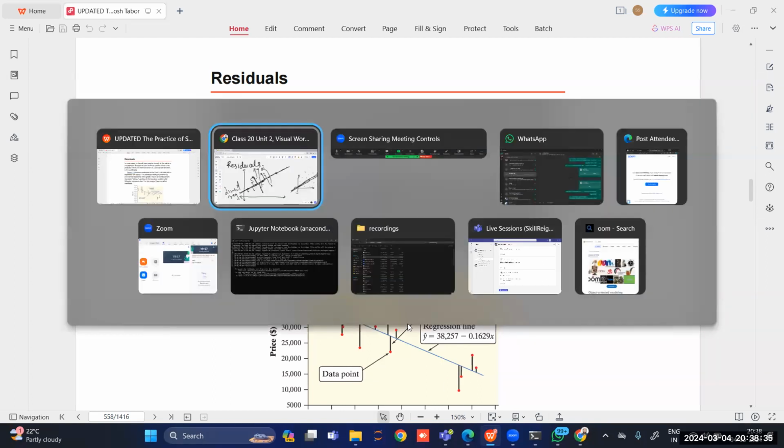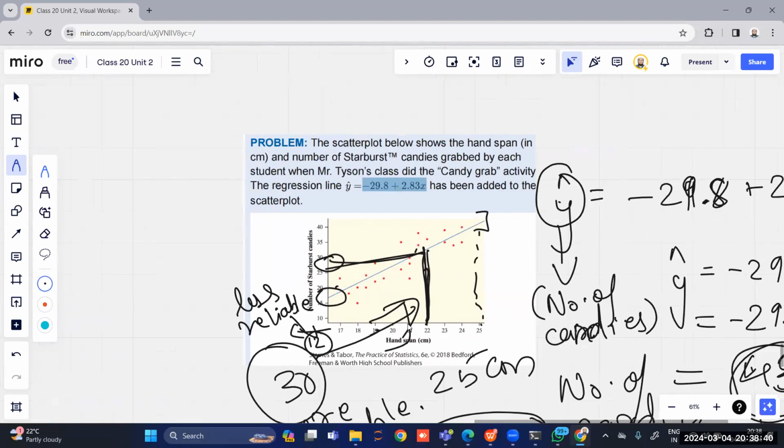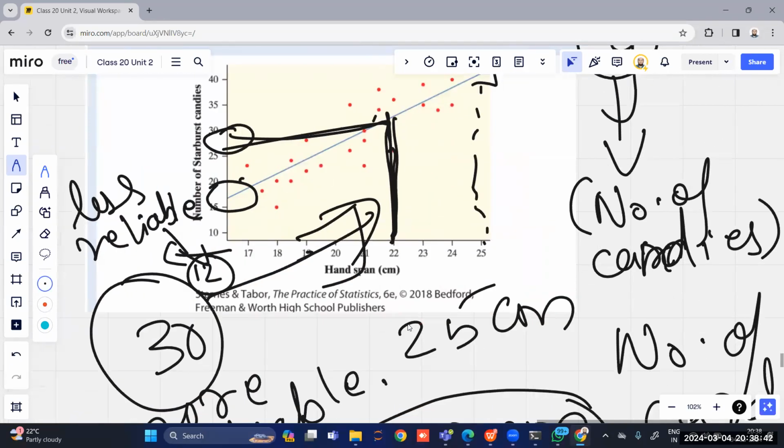For example, in this data, see here, there was a point at 22. Yes or no? There was a point at 22, and what was the value the point was representing? Lesser.